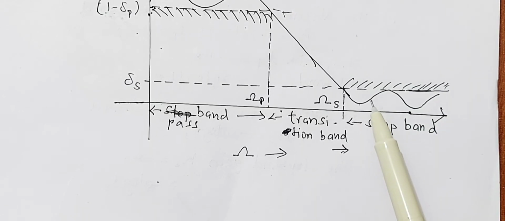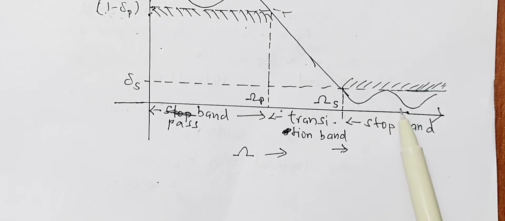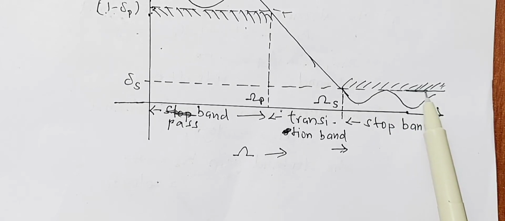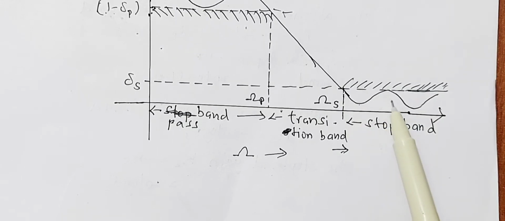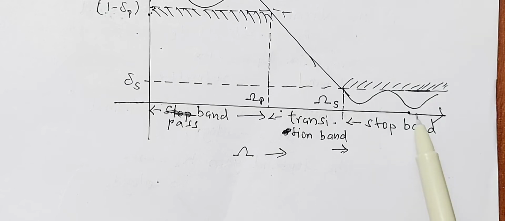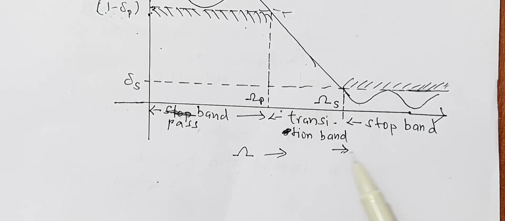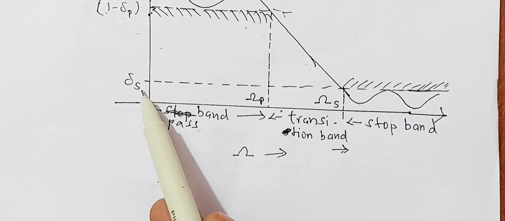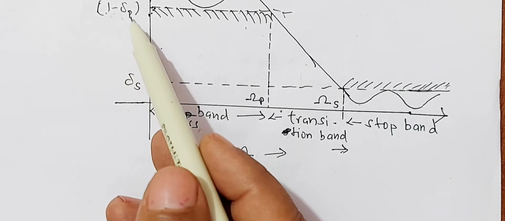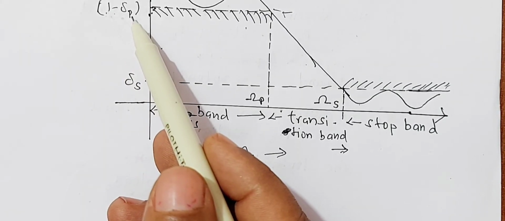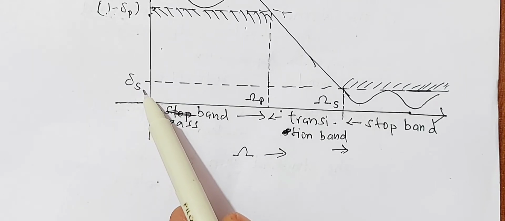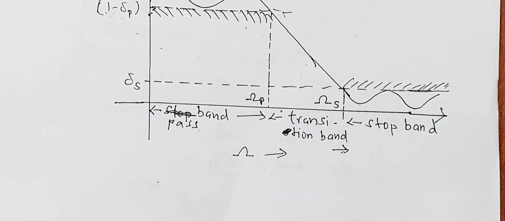It may have some small value, say 0.1. 0.1 is also almost equal to 0. Therefore, this small change in the stop band is called tolerance value, given by delta S. So, delta P represents tolerance in pass band, delta S represents tolerance in stop band.